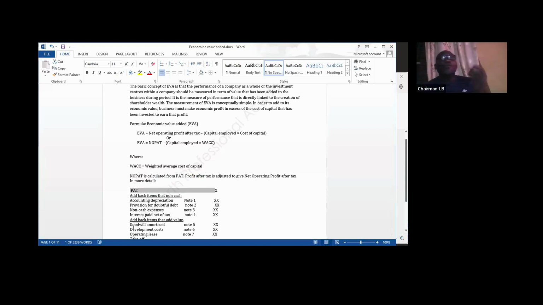We are talking of value creation. If it is possible to place a value on the goodwill created, then we are going to add that goodwill as part of value. At times you pay for a product more than the naira amount of that product. Let me explain that briefly. Look at table water.